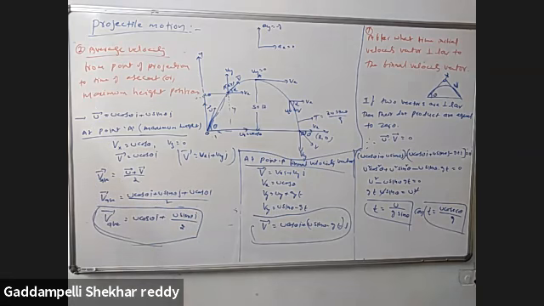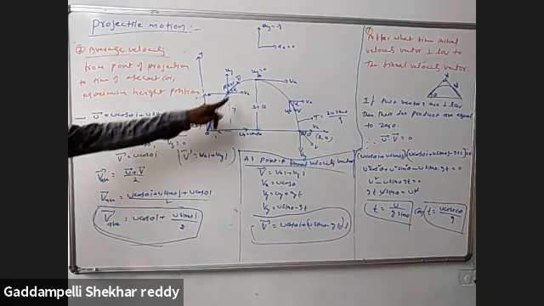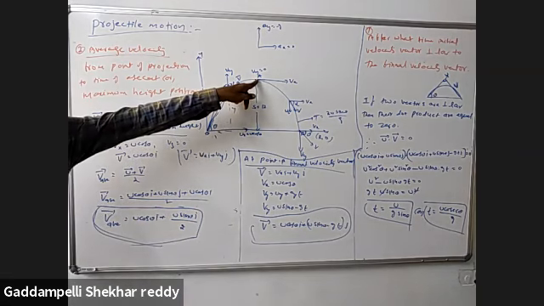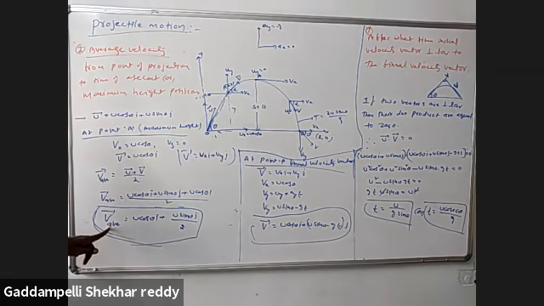V average, from the point of projection to the time of ascent point or maximum height point, is equal to u cos theta i plus u sin theta j by 2. Like this is the vector form.